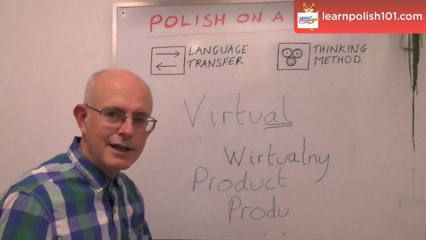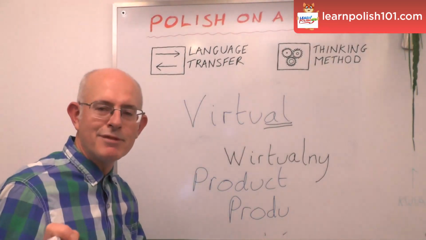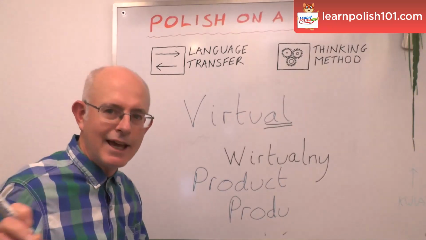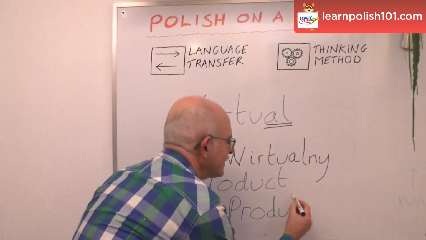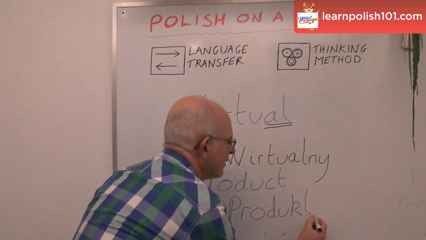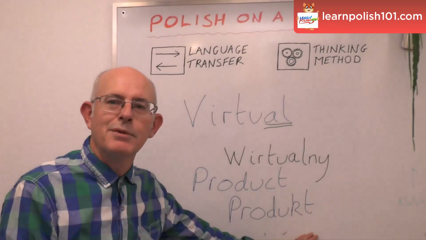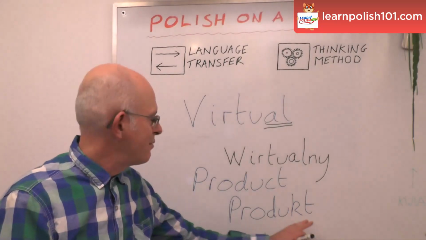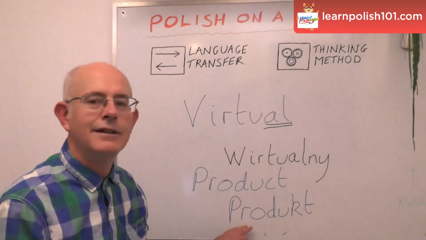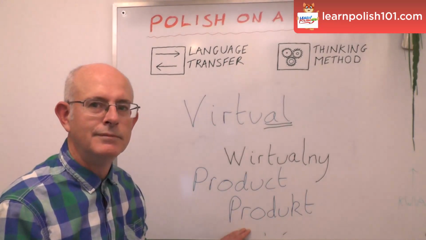If it sounds like a K, it is a K. Remember that from Scandal. In Scandal it's SK. If it sounds like a K, it is a K. And T. Okay, so not only have we got our Polish word for product there, but we also know how to say it. Produkt.